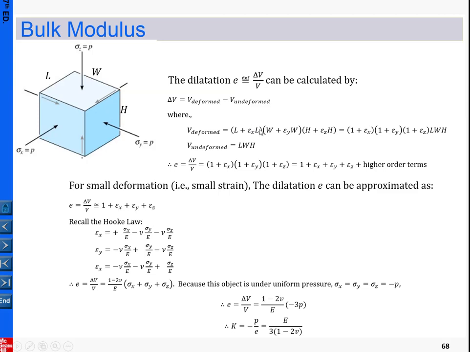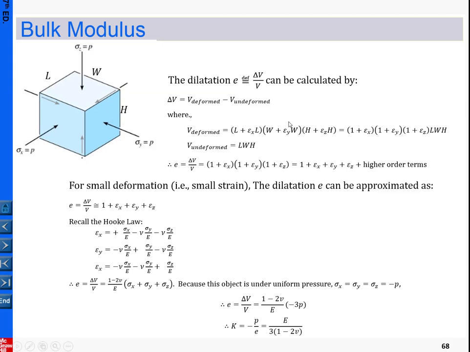That deformation is caused due to the application of the pressure. So this is deformation plus original length. This whole quantity represents the dimension in X, the X dimension in the deformed object.